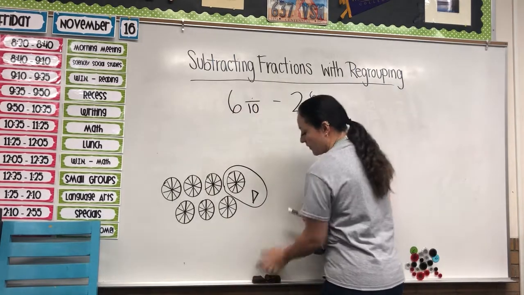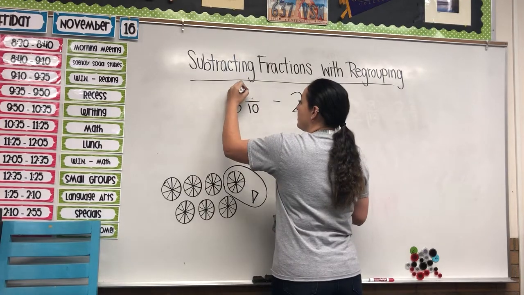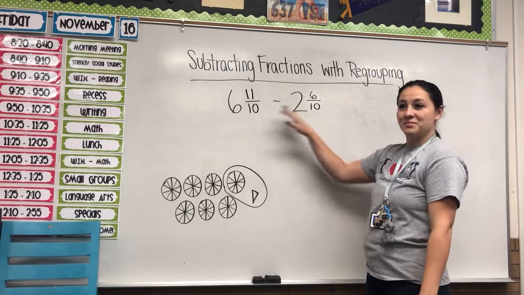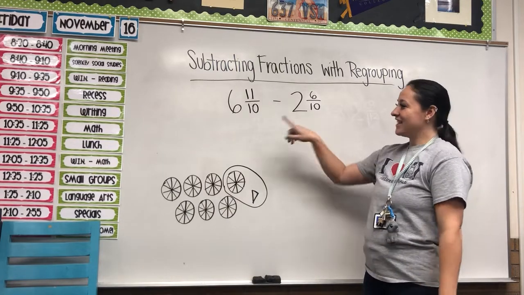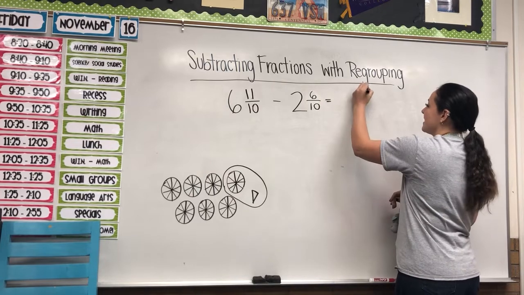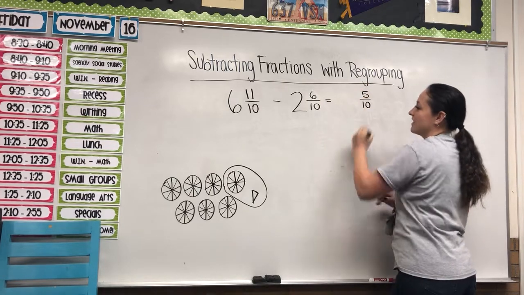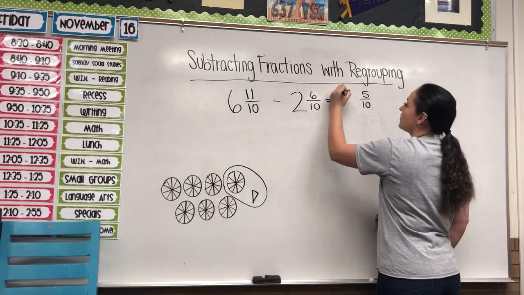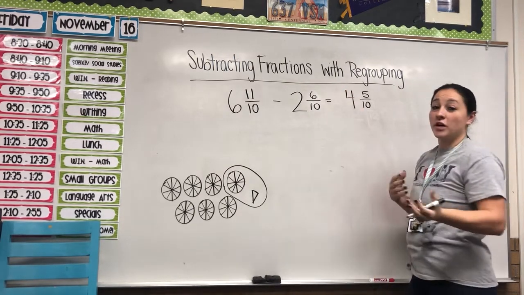Okay, so now we have 6 and 11/10. And now 11/10 can subtract 6/10. We start with the fraction: 11 minus 6 is 5/10. And whole numbers next: 6 minus 2 is 4. We have 4 and 5/10.